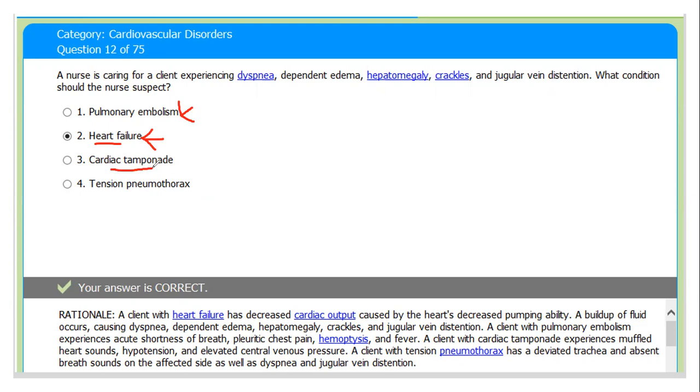It sounds so hard, but actually no, very easy. Cardiac tamponade, also known as pericardial tamponade. It is actually compression of the heart due to fluid buildup in the sac surrounding the heart.